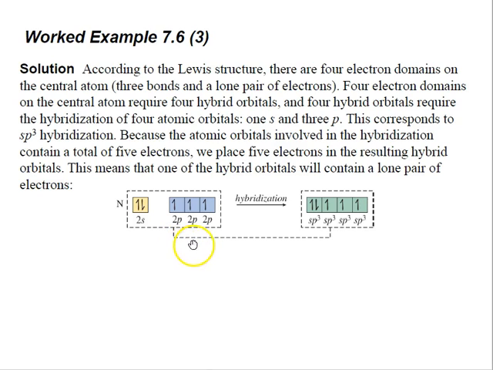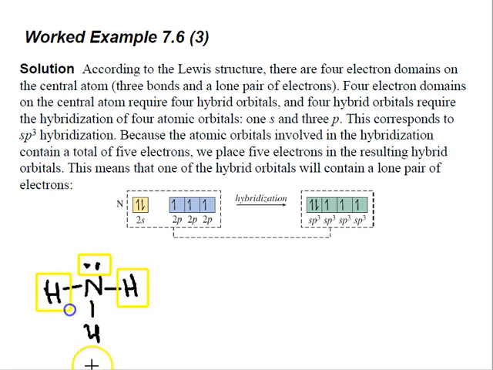Now, I just went through a pretty long explanation. However, if we get our drawing tool and let me draw ammonia, if you go from the Lewis structure and put a box around it, here's our central atom. We have 1, 2, 3, 4 attachments.